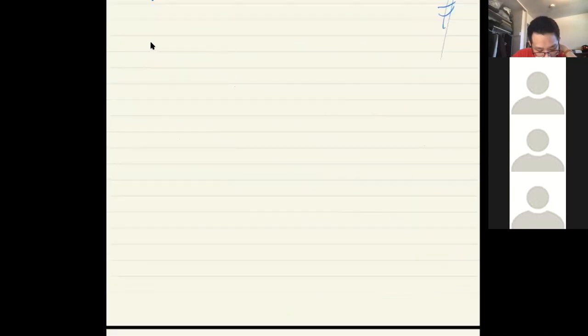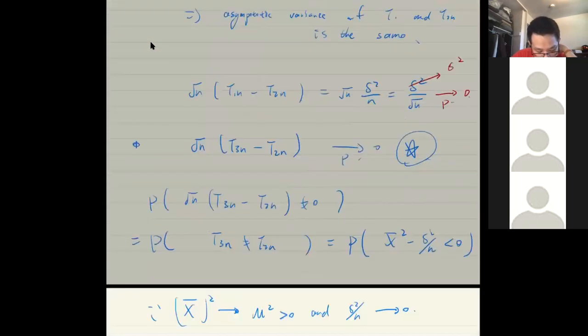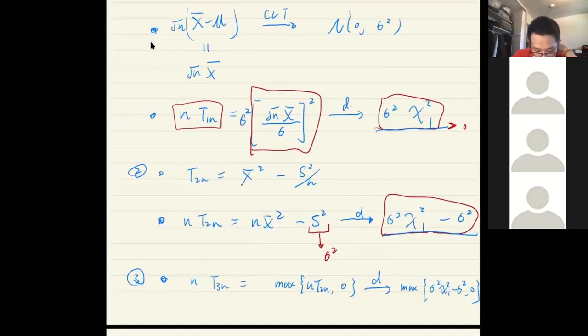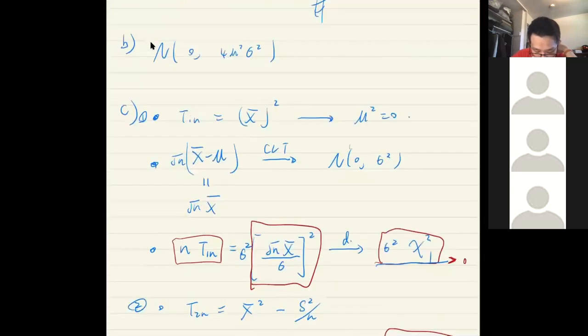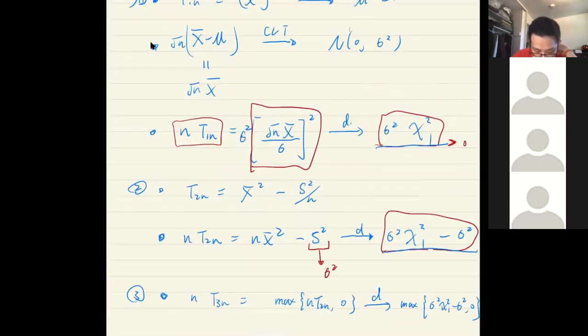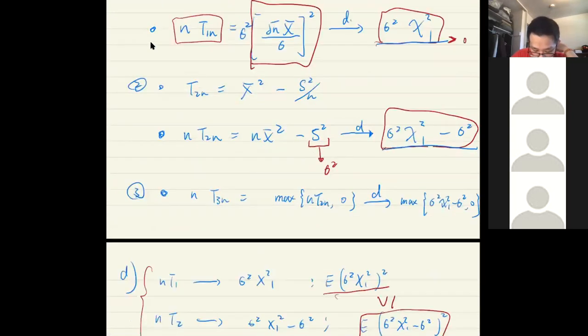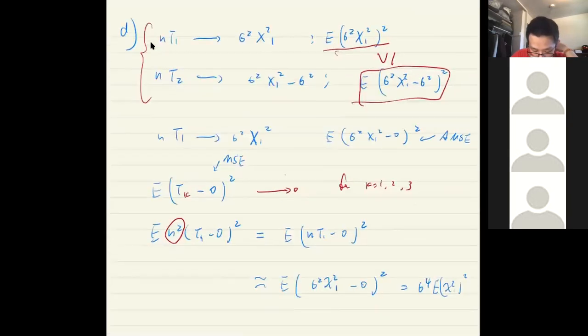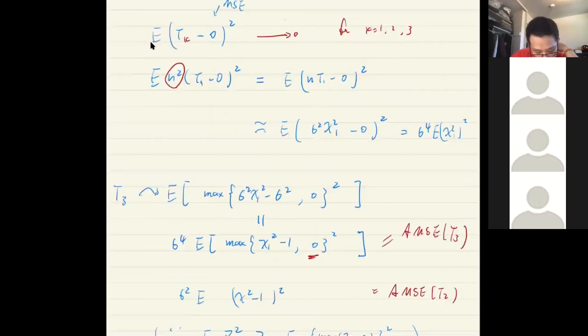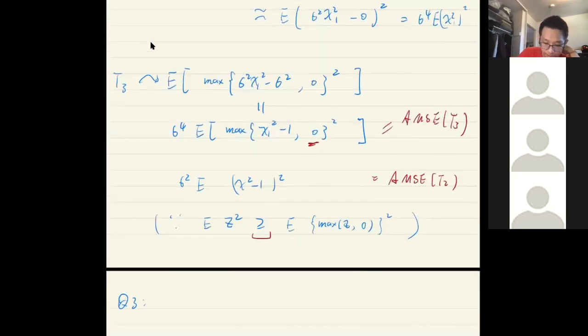But in question 2, part C, the asymptotic distribution is biased, so it's a little bit more complicated.